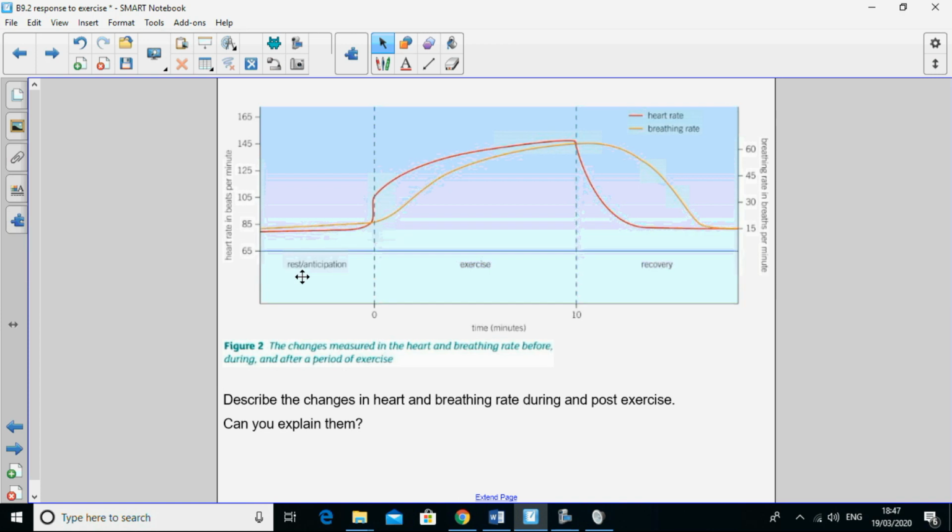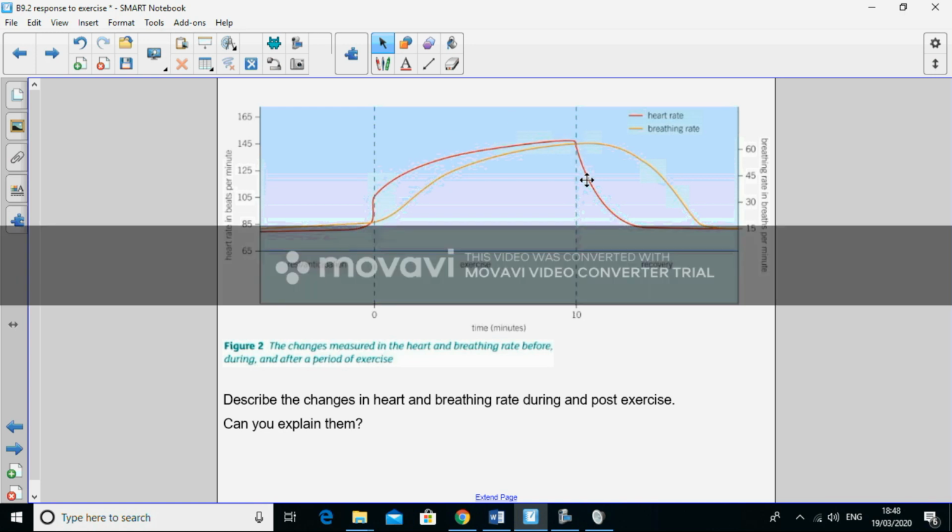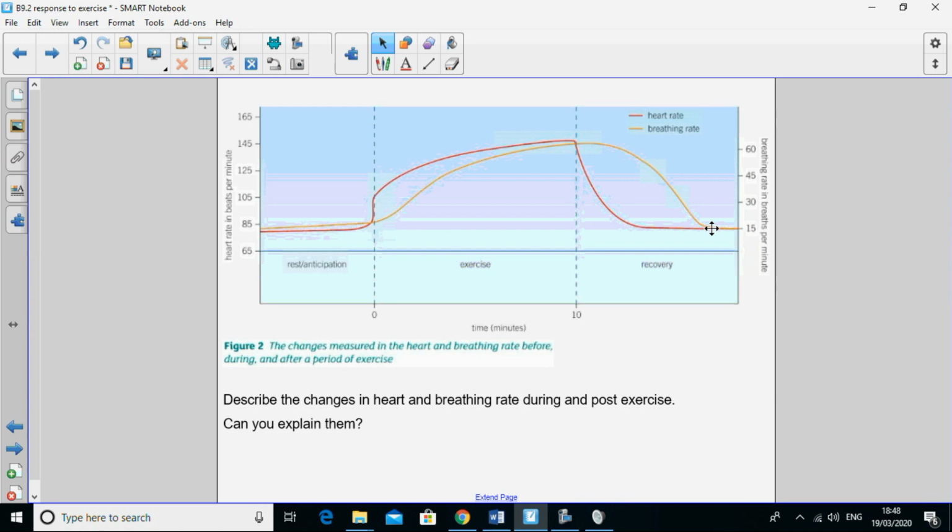So we start running, we look at the red line, our heart rate goes up very quickly, and then when we stop exercise after 10 minutes, it will drop steadily back down. And the reason for that is that we are providing more blood to our cells, and when we stop exercising, we don't need as much blood to get to our cells, so our heart will slow down.